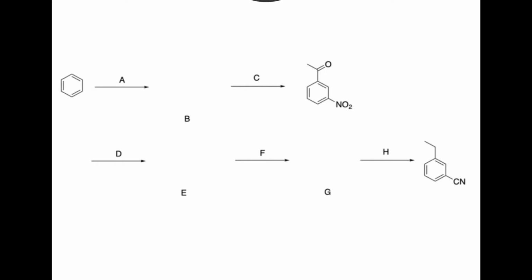I think doing ABC is pretty straightforward. So we can start there. Get those 3 out of the way. Again, feel good about yourself. So it doesn't matter which group we put on first, right? Because they both direct meta, right?